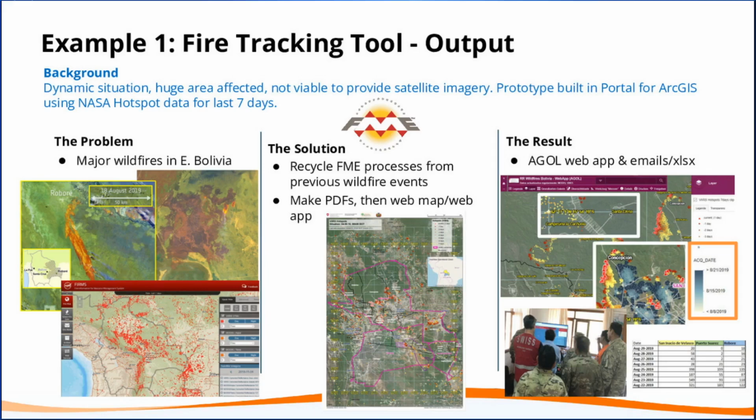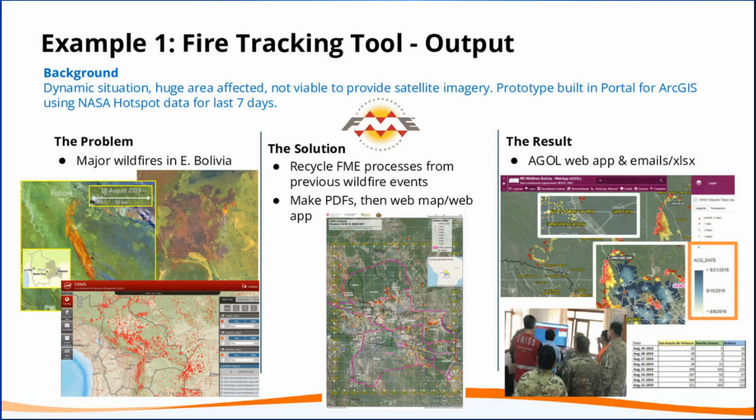And the solution was recycling some FME processes I'd actually built a couple of years before for fires in Portugal, in Europe. The first output were PDFs, but of course, they definitely aren't sustainable. And time difference, dynamic situation, and so on.